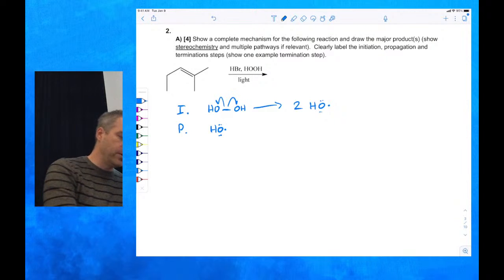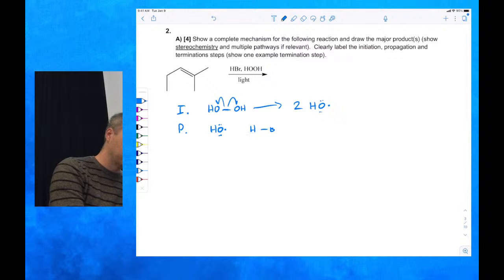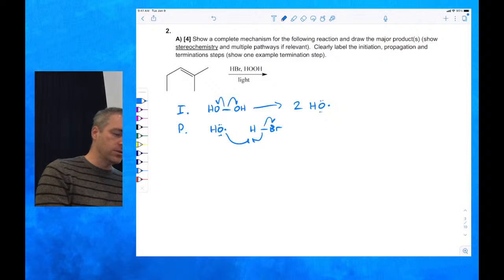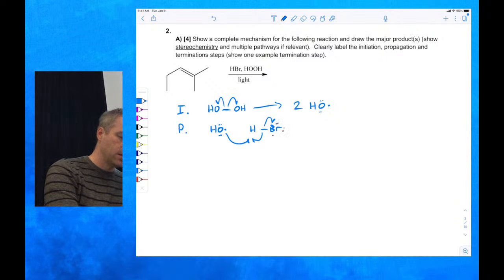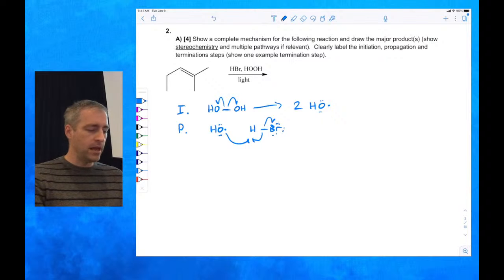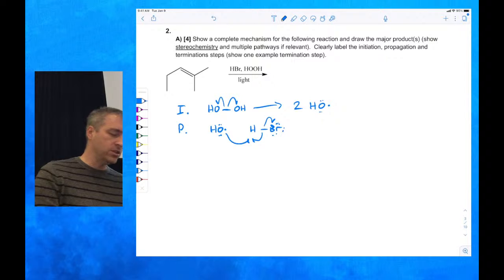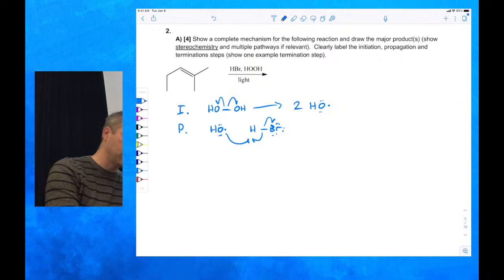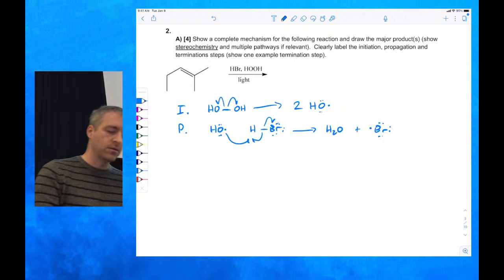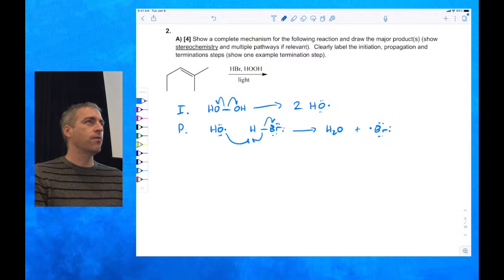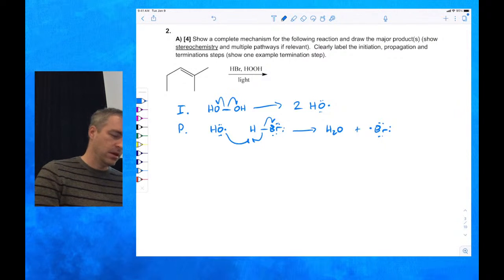We are going to react it with HBr, and the arrows look like this, where the HBr bond breaks, one electron goes to the bromine, the other electron gets together with the OH, the hydroxyl radical, and you get H2O and a bromine radical. Starts with a radical, ends with a radical. Consumed a molecule of HBr.